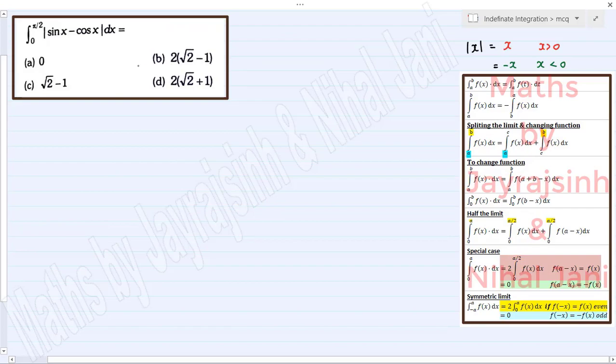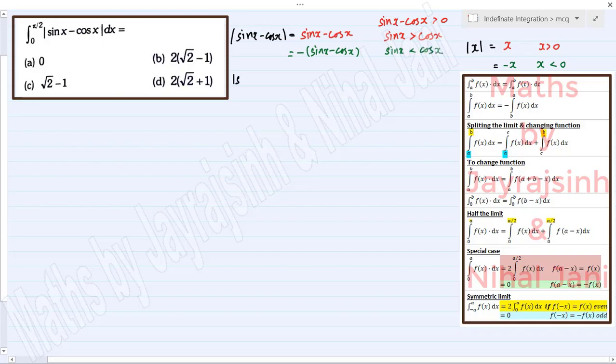Here we have to integrate |sin x − cos x| from 0 to π/2. Now, within the mod, we have sin x − cos x. It will be sin x − cos x when sin x − cos x is greater than 0, or we can say when sin x is greater than cos x, and it will be −(sin x − cos x) when sin x is less than cos x.